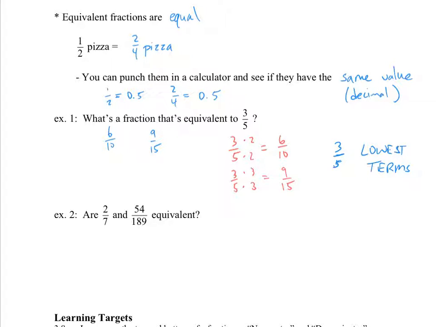Which means when something's in lowest terms, 1 is the only common factor. One is the only number that fits into both of those.